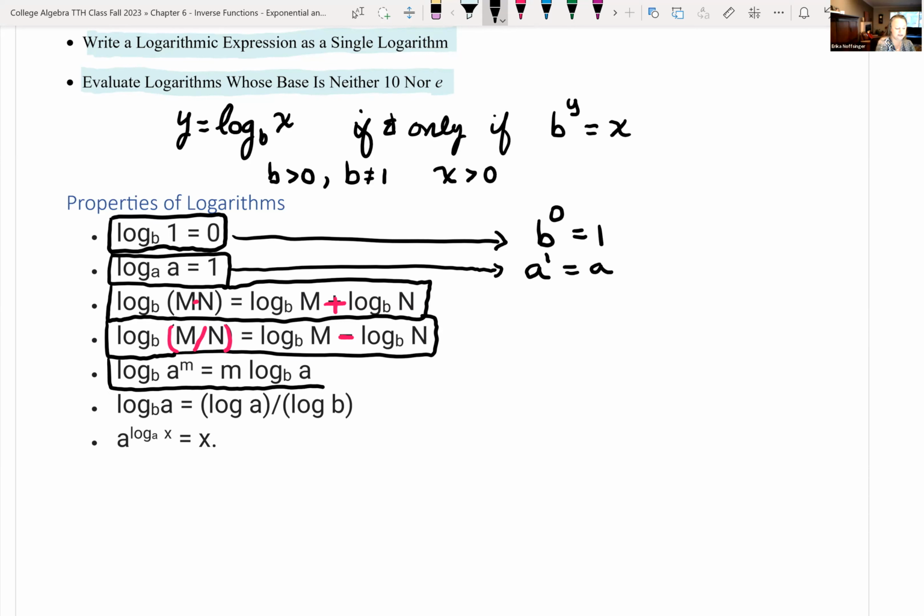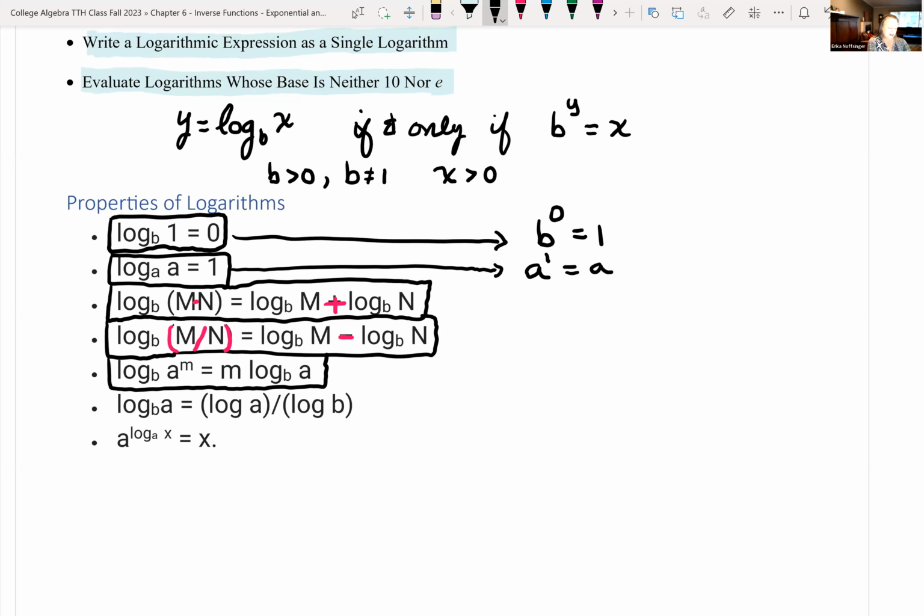So we're going to use this when we have a variable in our exponent that we're trying to solve for, and we are not able to manipulate our bases to be the same like we were seeing the other day to solve exponential equations. We could take the logarithm of both sides and use this property where we could bring our exponent down. But we'll see that later on in this class today.